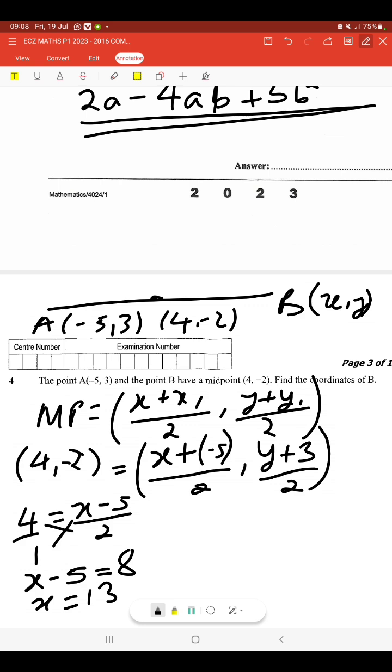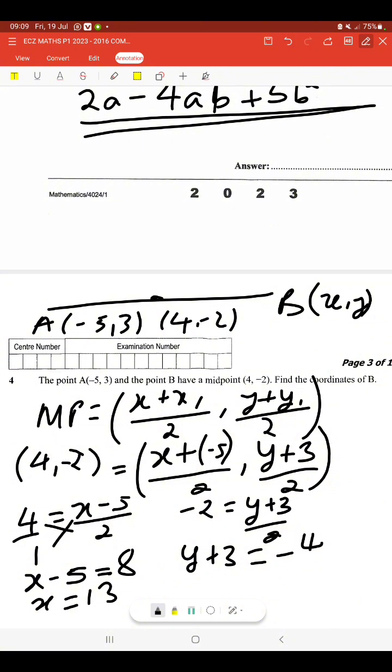Then the other point is -2 equal to (y plus 3) divided by 2. When we cross multiply, y plus 3 is going to be -4.